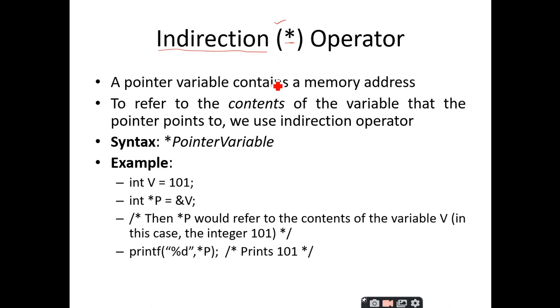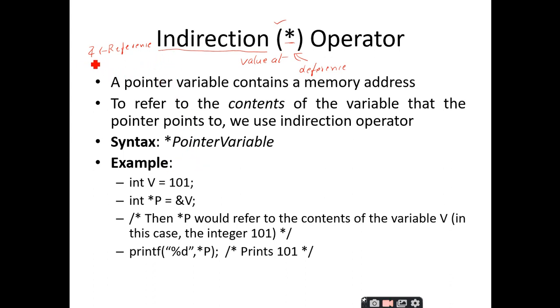Actually it is called an indirection operator, but in C we can call it the value at operator, and in C++ we also call it the dereference operator, where ampersand is called the reference operator in C++ and this star operator is called the dereference operator. So what is the use of this dereference or indirection operator?